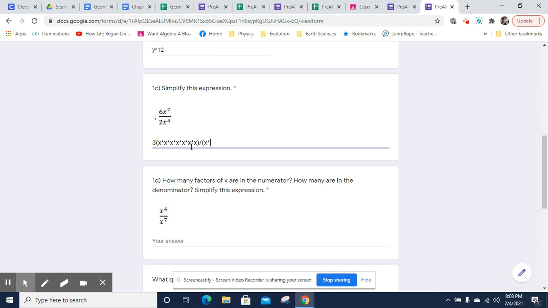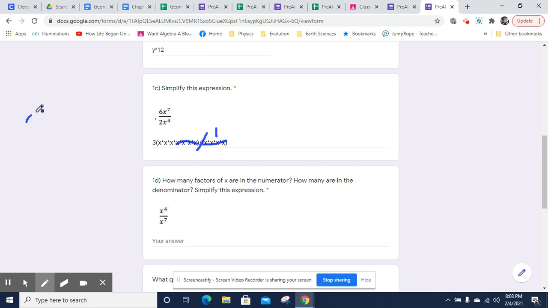Times x, so I've got 4 factors of x in the denominator, and now I can cancel some of those out. I have 4 in the denominator and 7 in the numerator, so all 4 of these are going to go bye-bye, and 4 of these are going to go bye-bye. 1, 2, 3, 4. So I'm going to be left with a 1 in the denominator because everything got canceled out, and over here will be 3 factors of x.